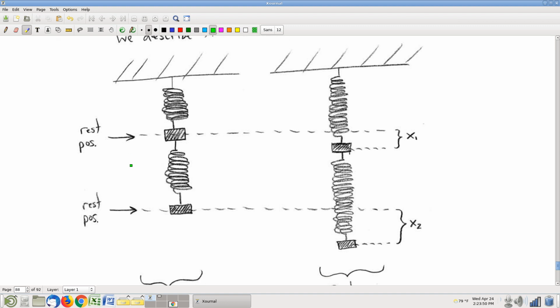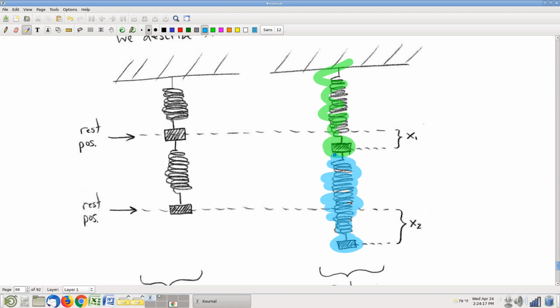Suppose you have a mass on a spring. There's our old friend, the mass on a spring, but now suppose that I attach another mass on another spring. Here's the support, spring, mass, and it's sitting there.